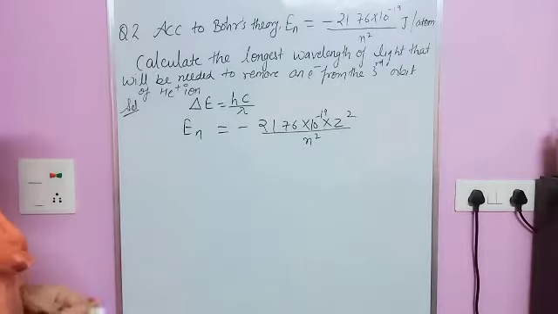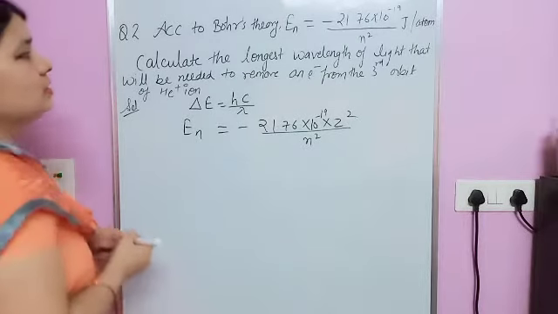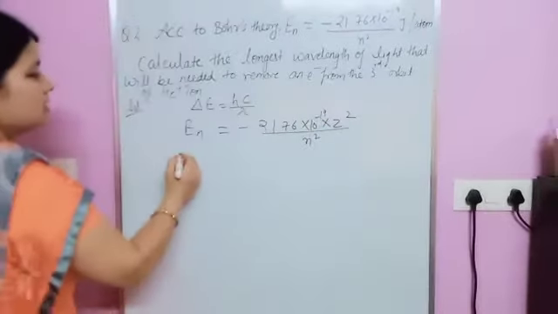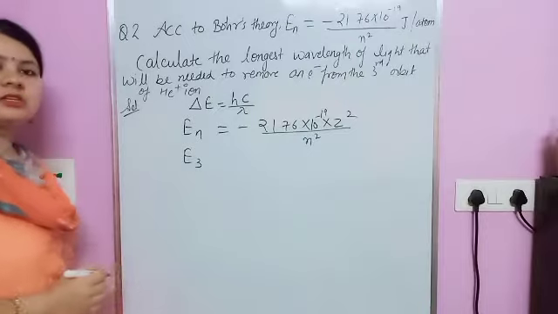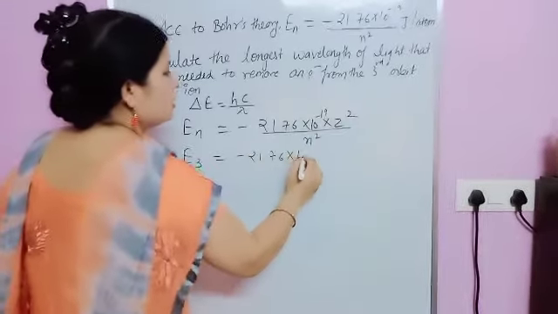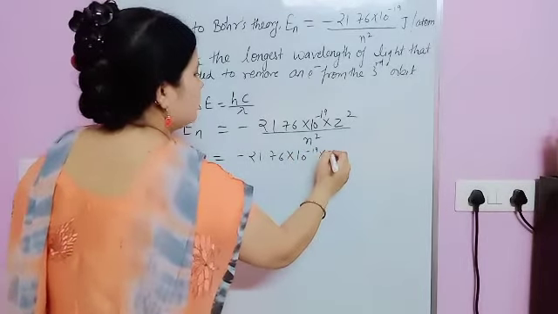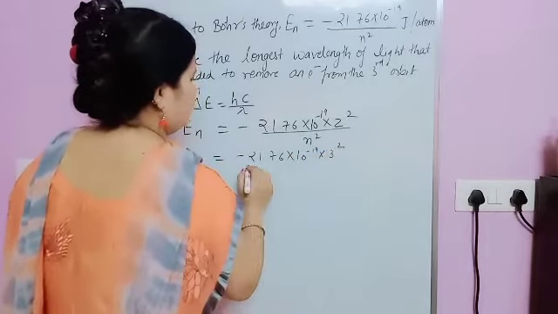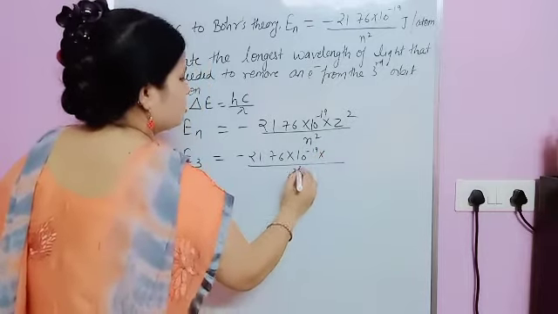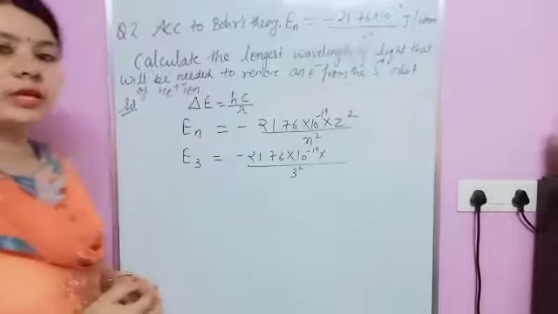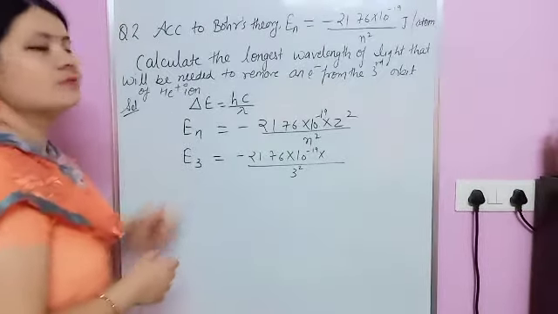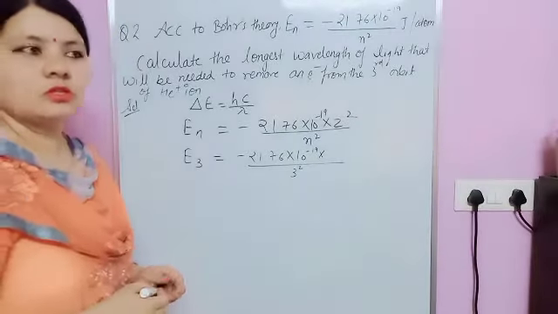Now put values, because here you have to see for the third orbit. So n is equal to 3. And what about Z? This is He positive, so the value of Z is equal to 2, because Z represents nuclear charge.